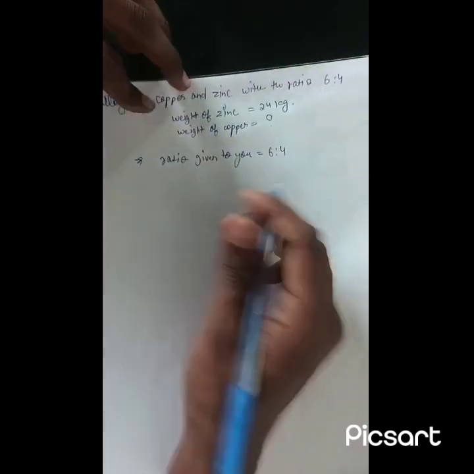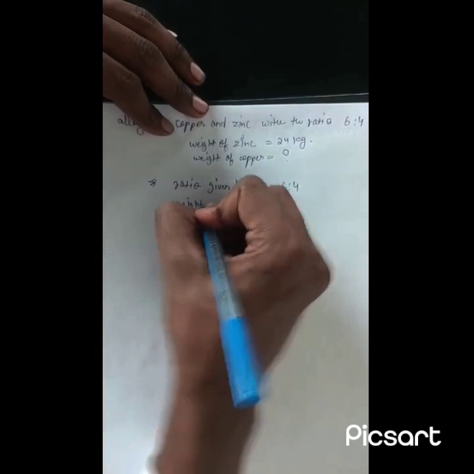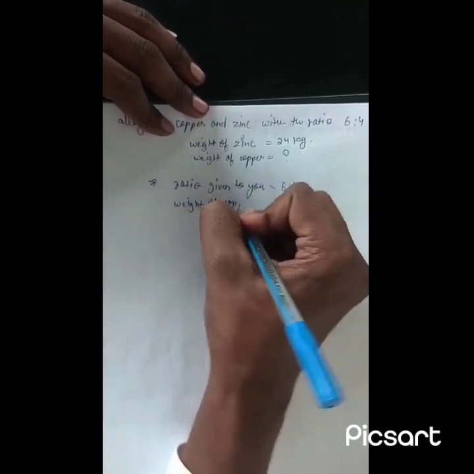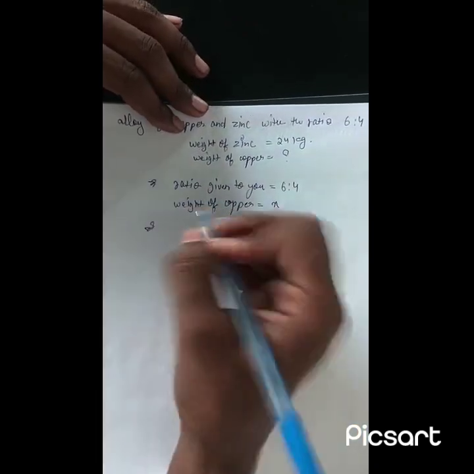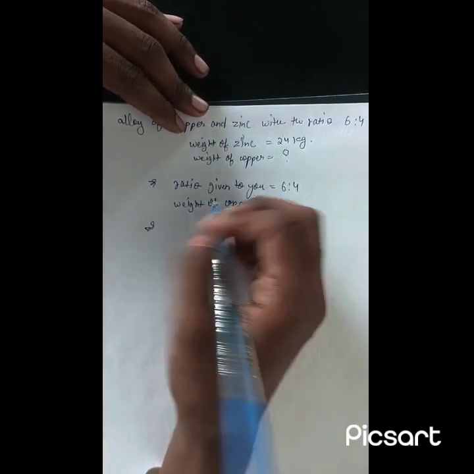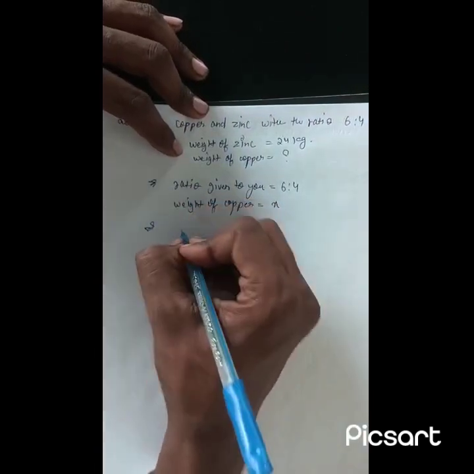Okay, so here what we can do is put weight of copper equal to x. From here, the equation that will form is: on one side you put the ratio, and on the other side the weights you have been given.